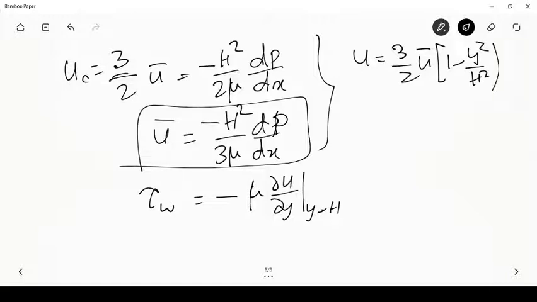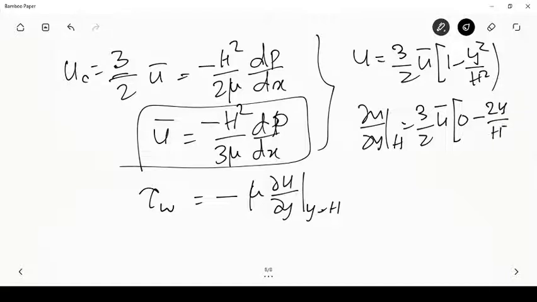So del u by del y at h will be the same, 3 by 2 u bar will remain here multiplied by 0 minus 2y by h squared at h. So 2h by h squared is what I get, so it will be minus 2 by h. Okay, so the 2 would get cancelled, so I get minus 3 u bar by h, right?